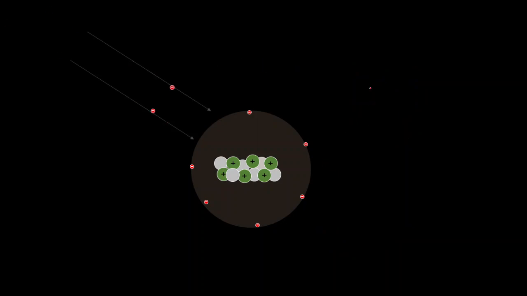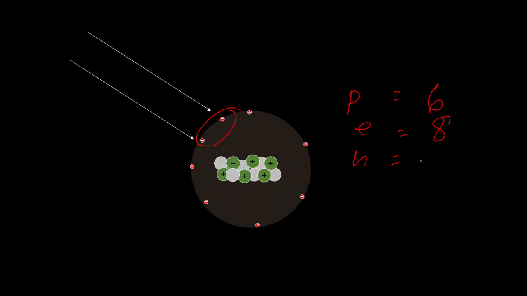Let's say this atom receives 2 electrons. Protons are still 6. Electrons, it receives 2: 1, 2, 3, 4, 5, 6, 7, 8. 8 electrons, and the neutrons are the same number, 6 neutrons. So right now we have positive 6 and negative 8.